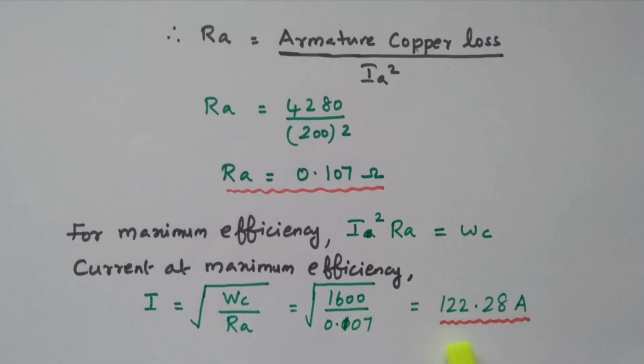By simplifying, we got 122.28 ampere. So the current corresponding to the maximum efficiency is 122.28 ampere. So in this problem, we calculated the power input, power output, total loss, shunt field copper loss, then constant loss, then armature copper loss. From that, we calculated armature resistance and current for the maximum efficiency.